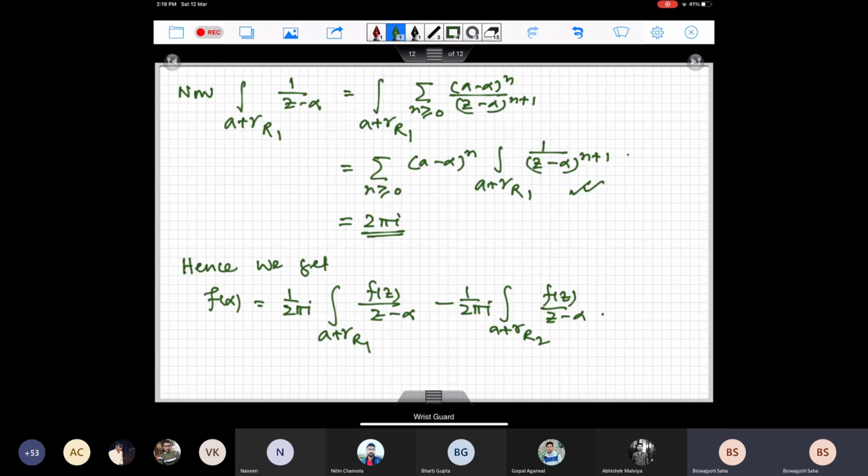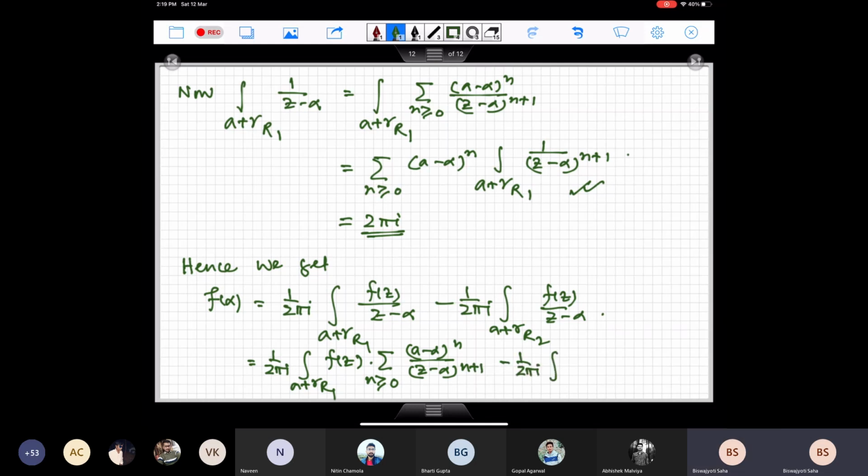So if I use those expansions on these circles, I am going to get 1 over 2 pi I integral over a plus gamma r1 of f of z times the summation for n bigger than or equal to 0 of a minus alpha to the power n divided by z minus alpha to the power n plus 1, minus 1 over 2 pi I integral over a plus gamma r2 of f of z times the sum for n bigger than or equal to 0.